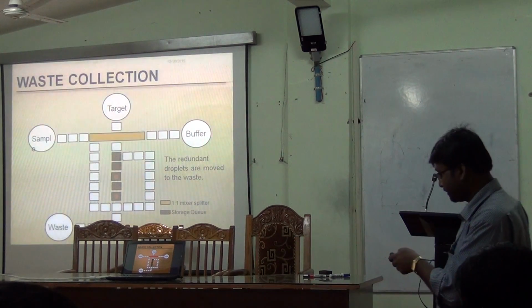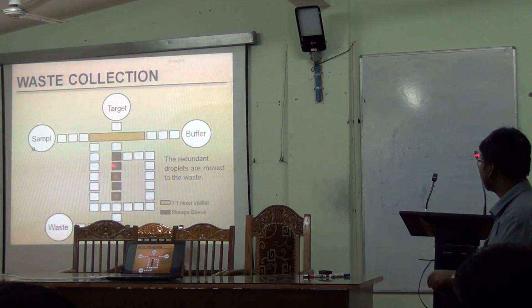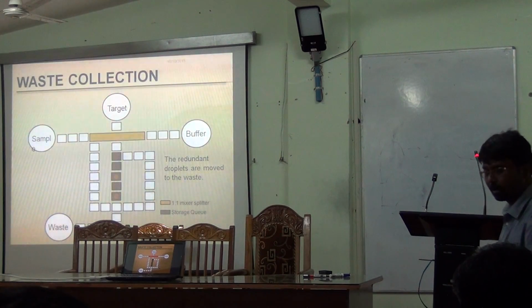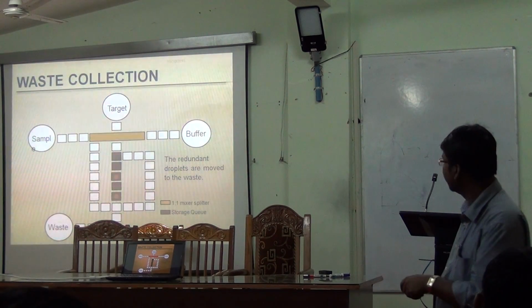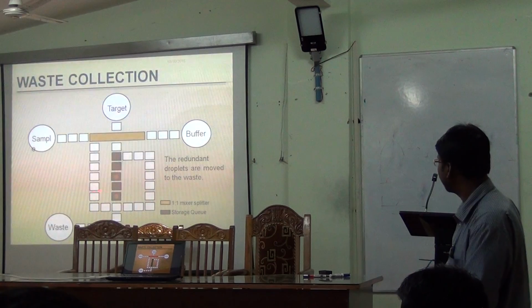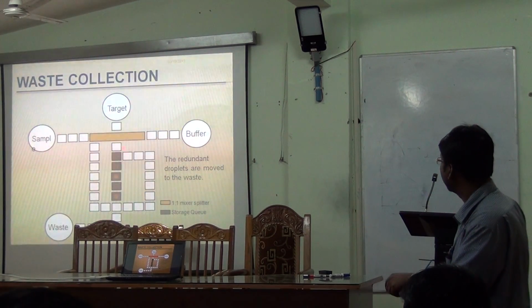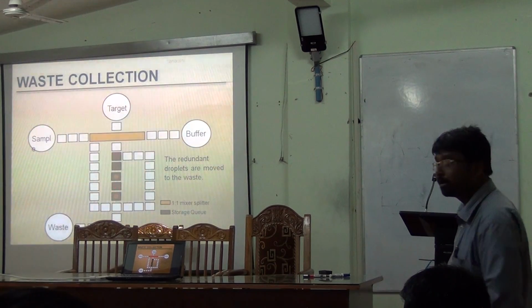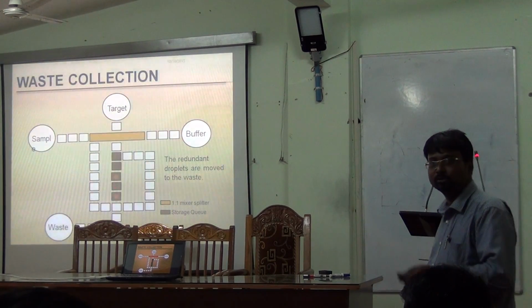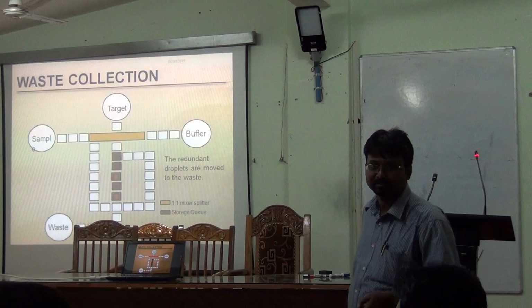So the storage is also very important, because this is a water microfluidic droplet. If two come together, by any means they can mix together. So that's why we require one barrier to hold them so that they can't mix together.